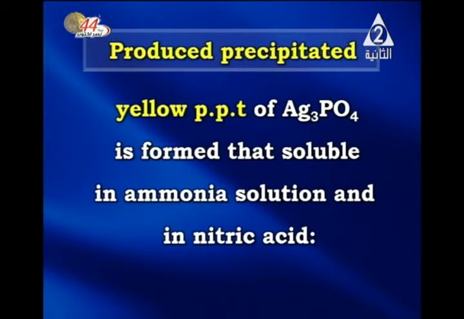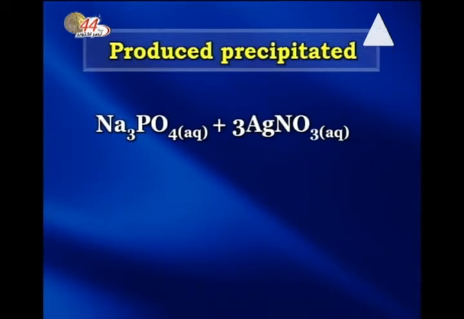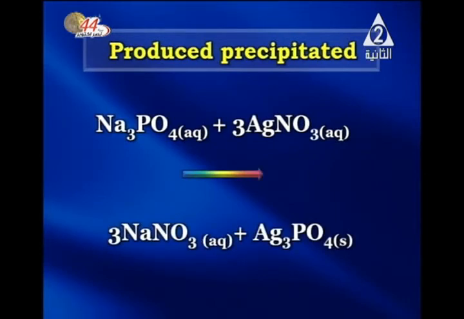My dear student, you have to remember that silver nitrate with iodide salt also gives yellow precipitate, but it is insoluble in ammonia solution, while silver nitrate with phosphate salt gives yellow precipitate, which is soluble in ammonia solution.